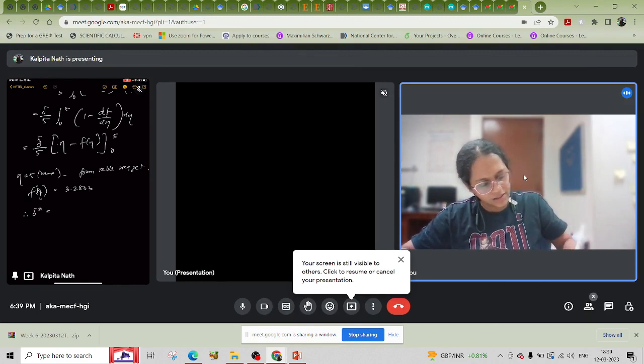Therefore, delta star is equal to delta by 5 into 5 minus 3.283.